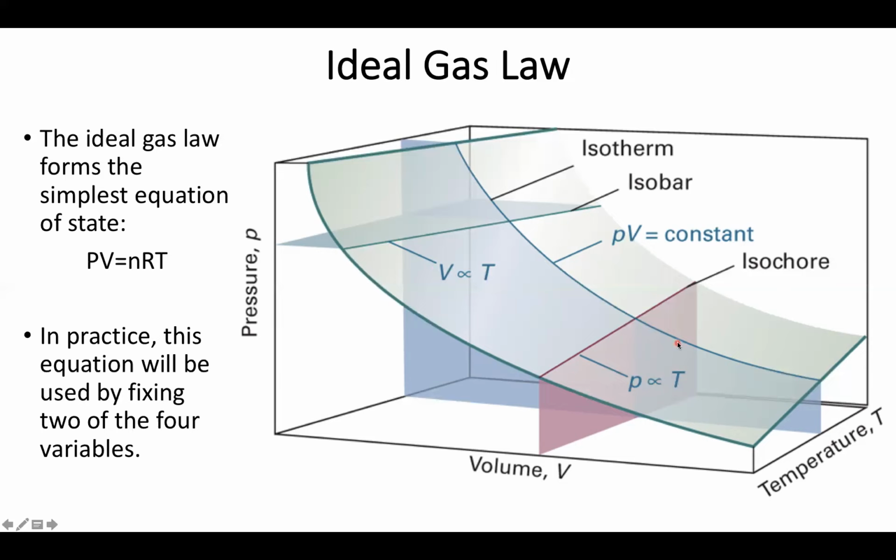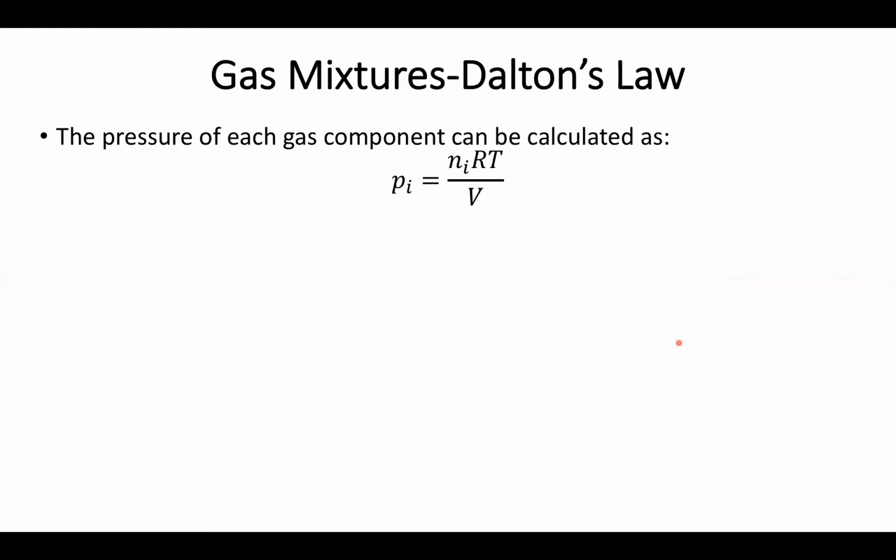So one of the other really useful things that I want to talk about with the simple ideal gas approximation is that it can be applied to just simple subsections of our gas. So we can actually write up an ideal gas law for each component of a gas mixture. So for example, if I'm looking at just the pressure of O2 in the atmosphere, this is going to be related to the number of moles of O2 and the total volume and temperature of, say, the room I'm looking at.